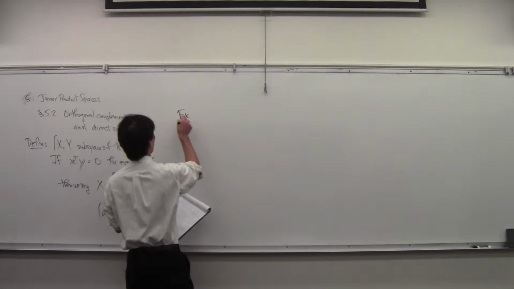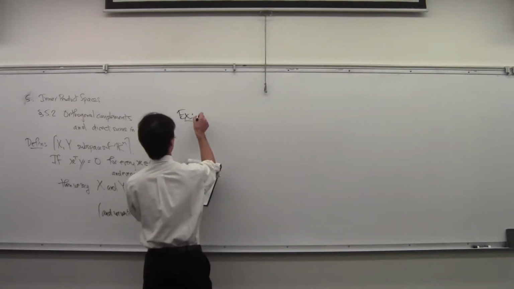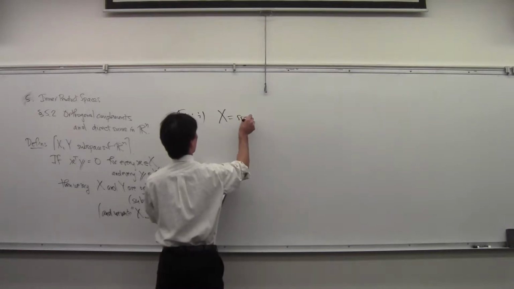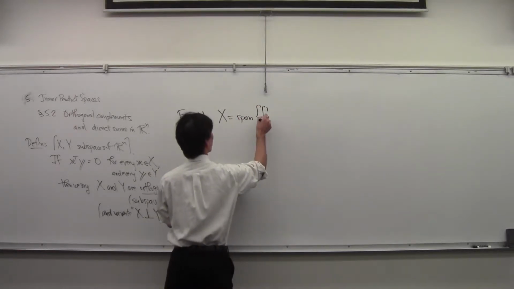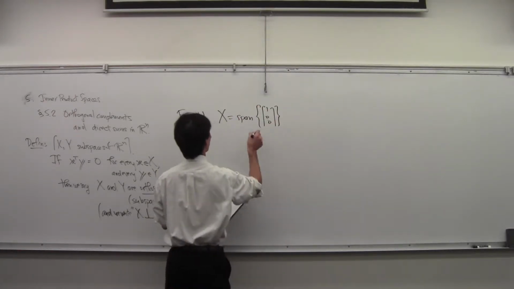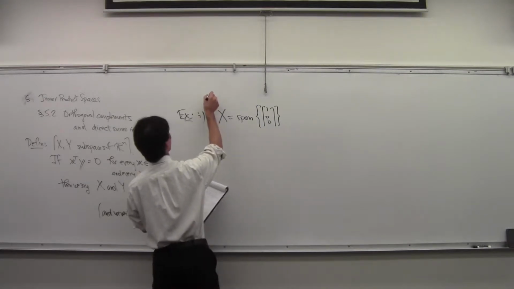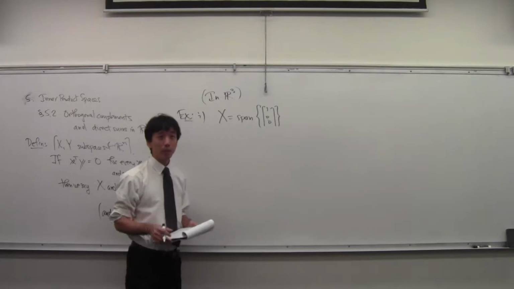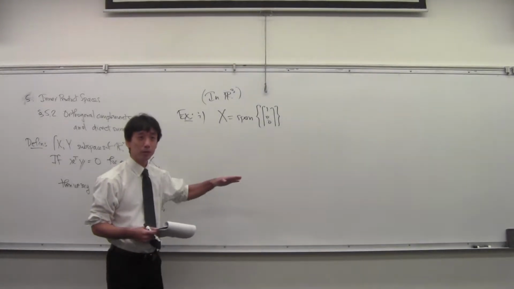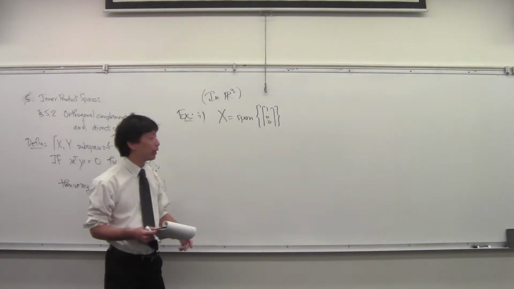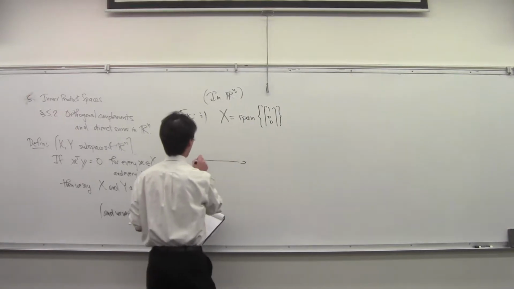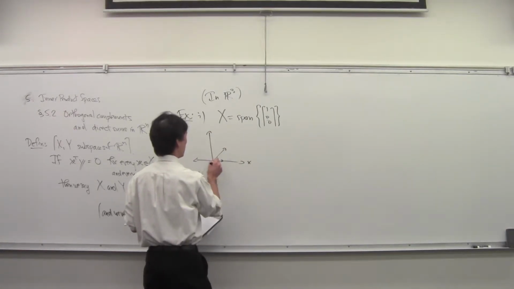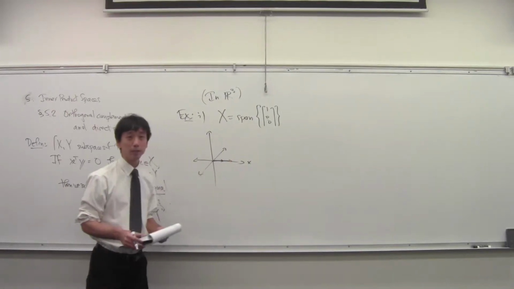Okay, so let's do some examples. First example, let X be the span of (1, 0, 0) in R3. So it's the x-axis, all the vectors whose ends lie on the x-axis.